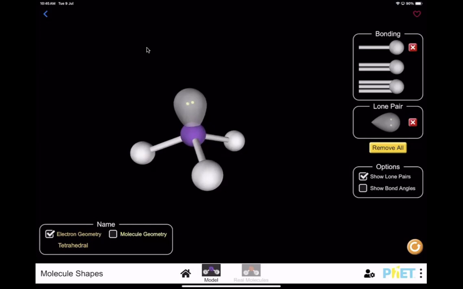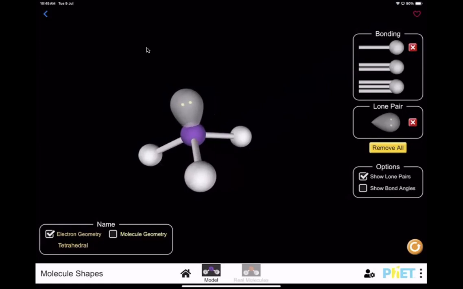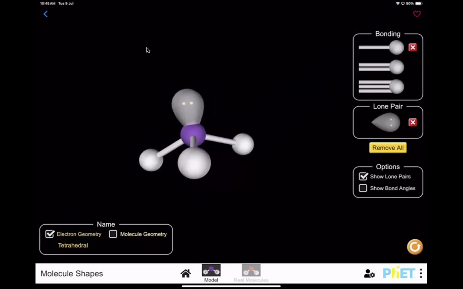No, because bent is only used when there are two bonds only. Here there are three bonds. You can see it is three-dimensional, and all three bonds go in an angular position from the central atom, right? Yes, sir.